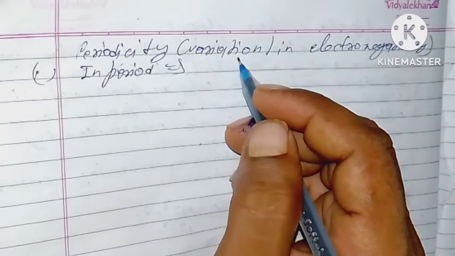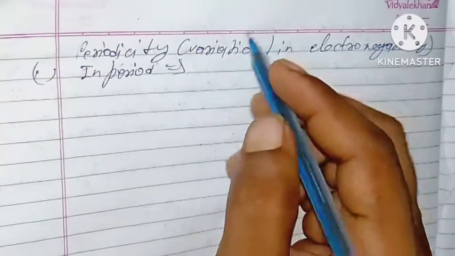Along a period, electronegativity increases from left to right.